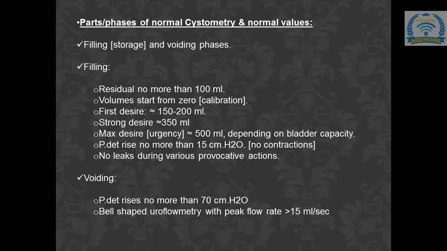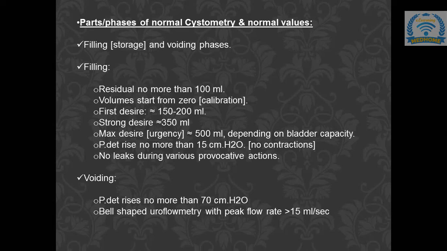So we can remember it like this: the residual volume in the bladder should be less than 100 ml. And how can we measure the residual volume? Either by doing an ultrasound or by passing a catheter to the patient. These are the two ways in which we can measure it.